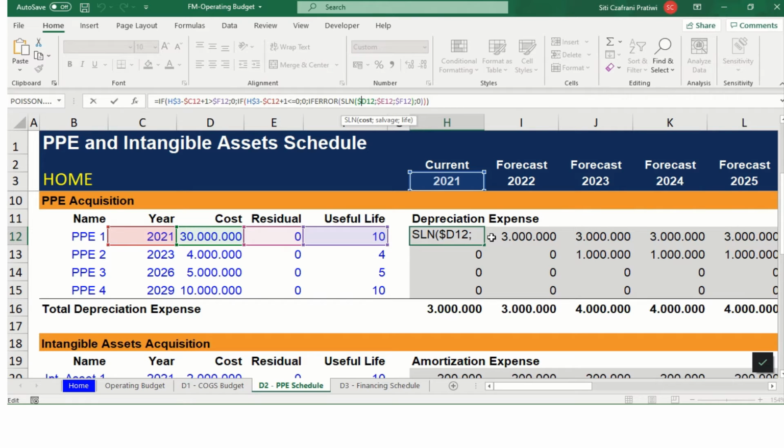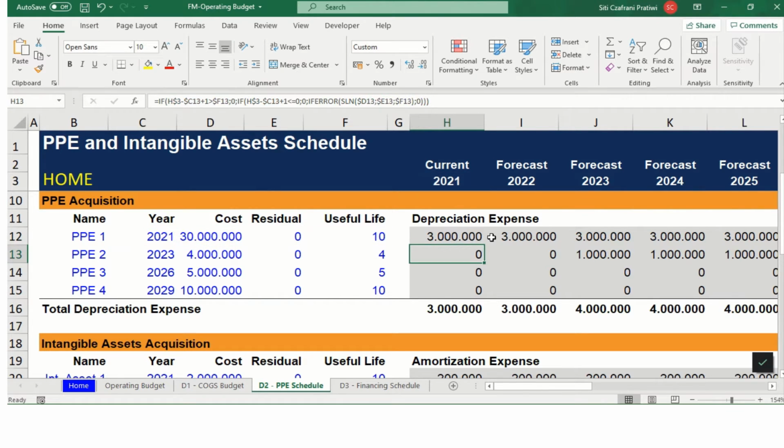If you drag this horizontally, it will not change to E, because column E states the residual value. I do not want to change the cost of acquisition here. That's why I put a dollar sign in front of the column here. However, if you drag it vertically or downwardly, it will change.